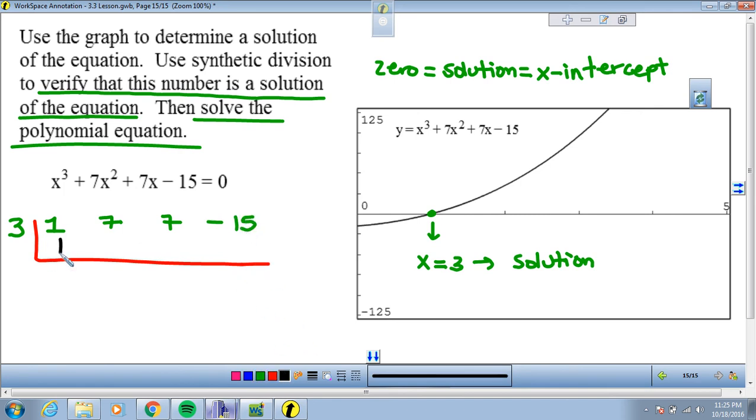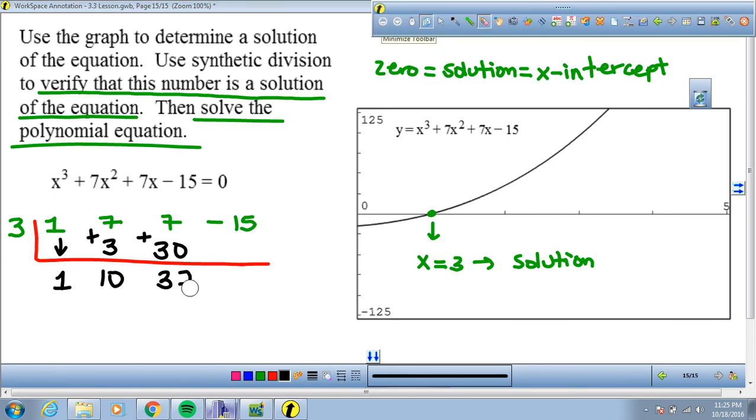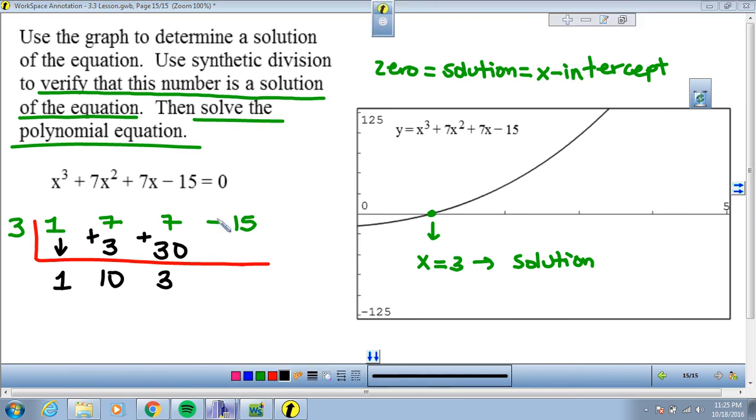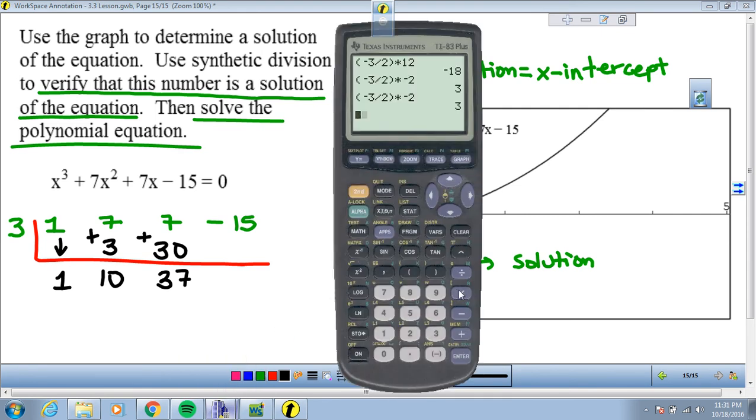So you bring down a 1. 3 times 1 is 3. 7 plus 3 is 10. 3 times 10, 30. You add this to 2, it's 37. 3 times 37 is going to be 111.